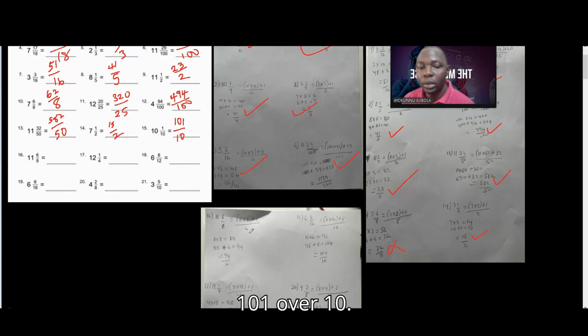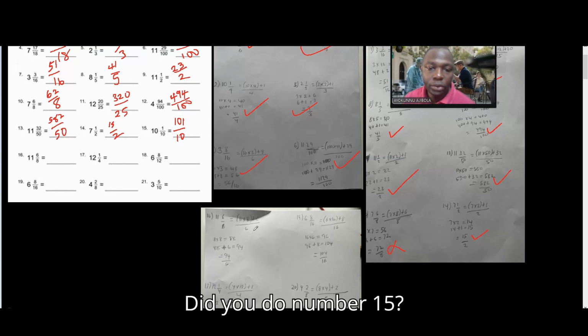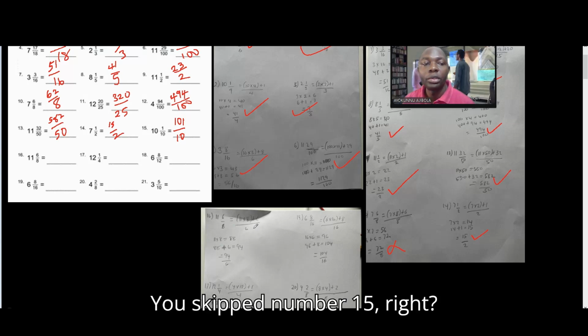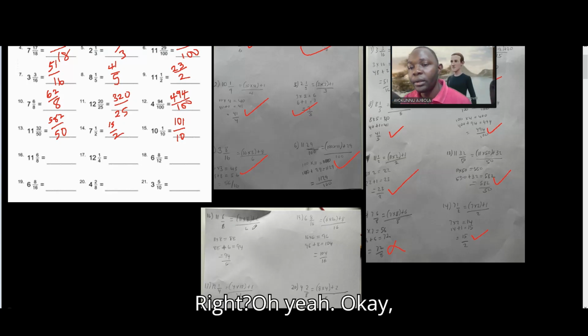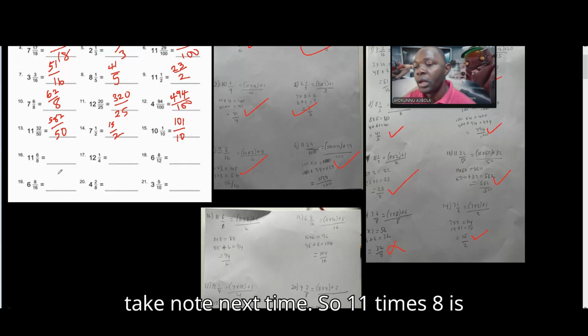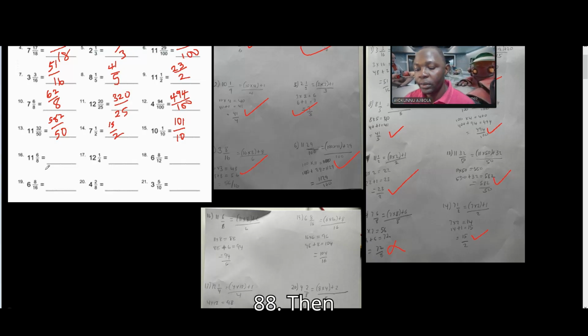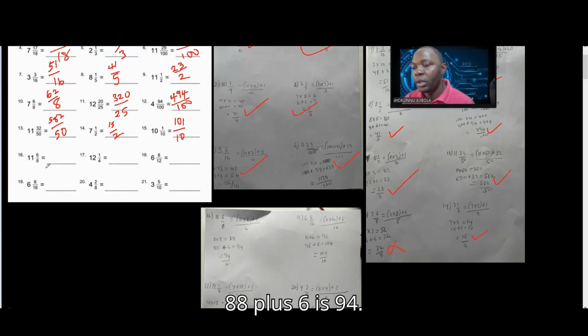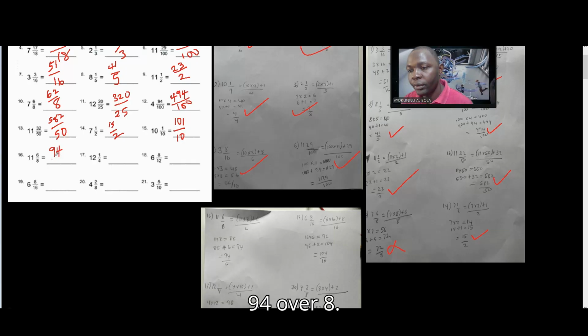Okay, 101 over 10. Did you do number 15? You skipped number 15, right? Yes. Okay, take note next time. So 11 times 8 is 88. Then 88 plus 6 is 94. 94 over 8.